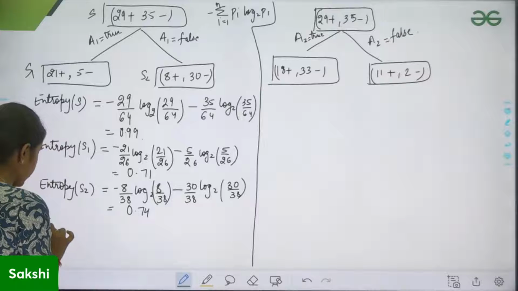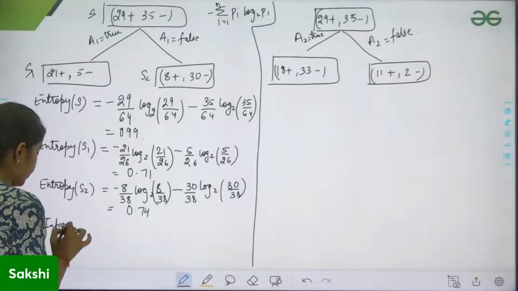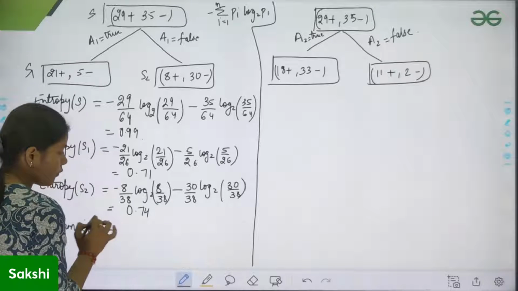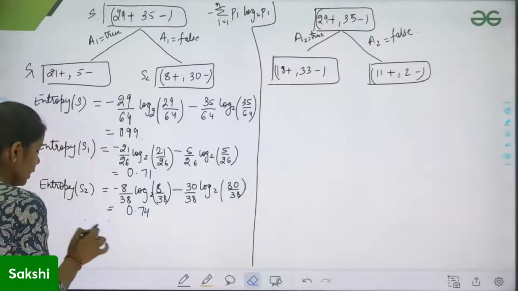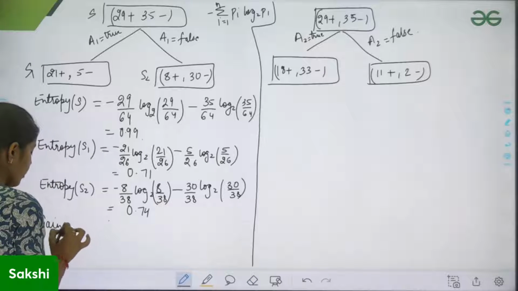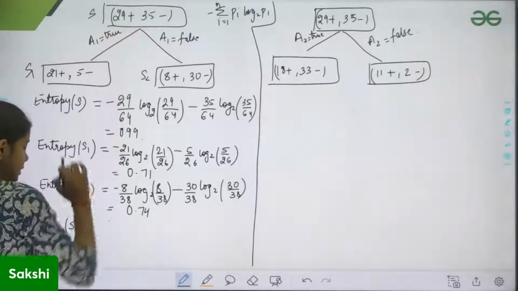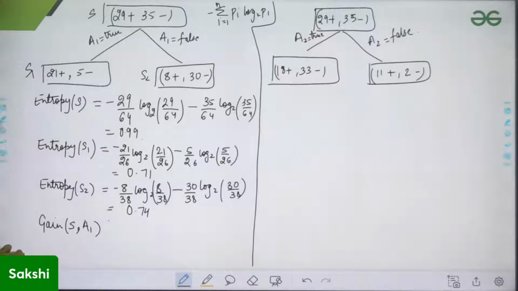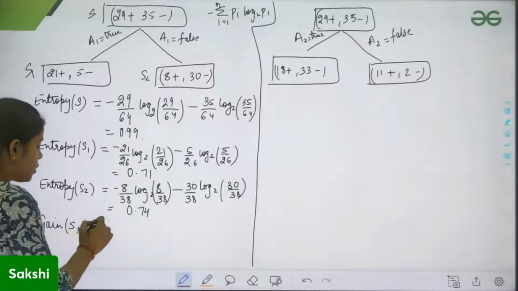Now, if I find out the information gain in this split, either I can write information gain or I can use gain only. So let me write gain, and I am finding gain for this set S using the split A1. This is a notation: Gain(S, A1). So what is the formula?